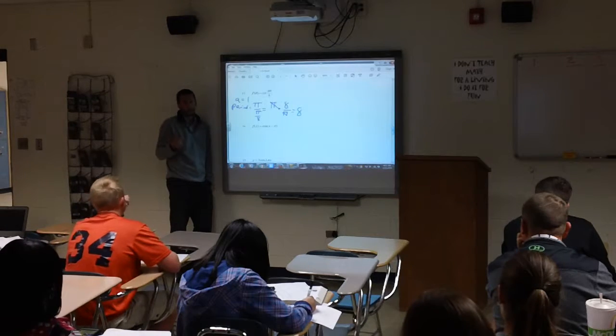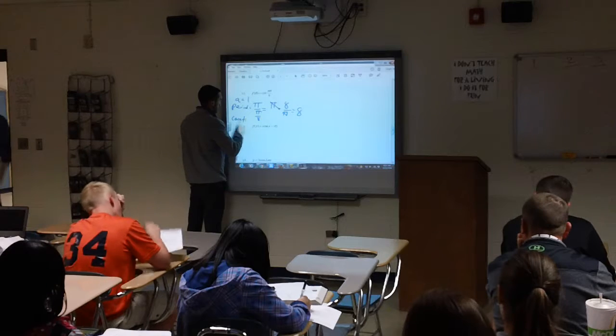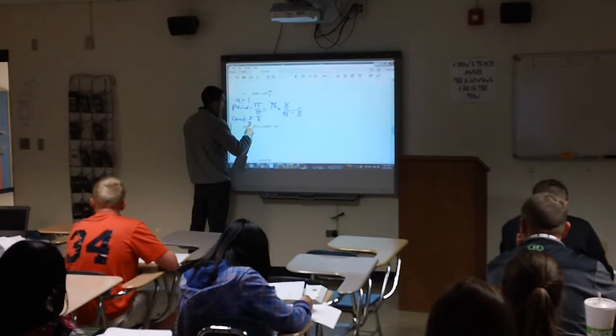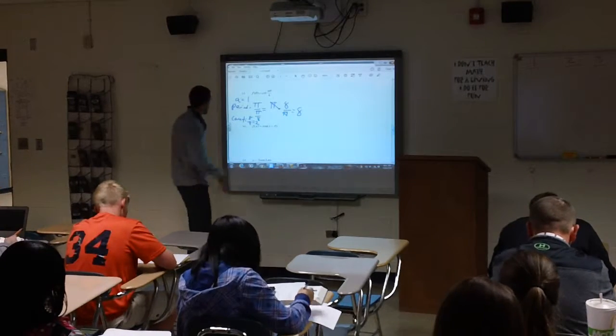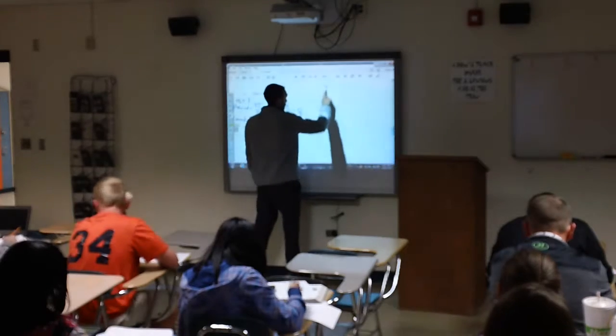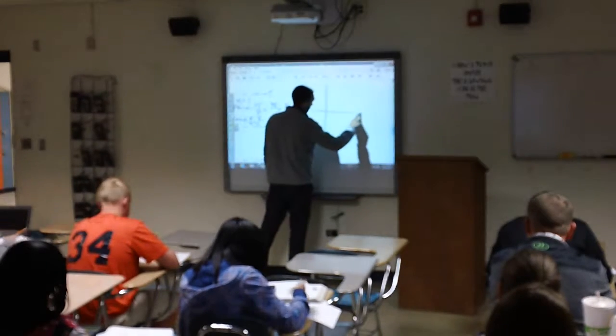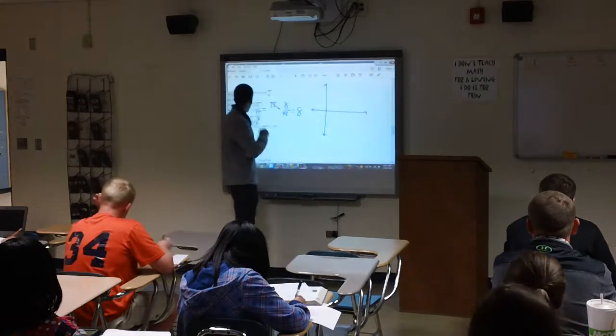And then no vertical shift, no horizontal shift, so our count is just 8 over 4, 2. So we go to start drawing our cotangent graph.